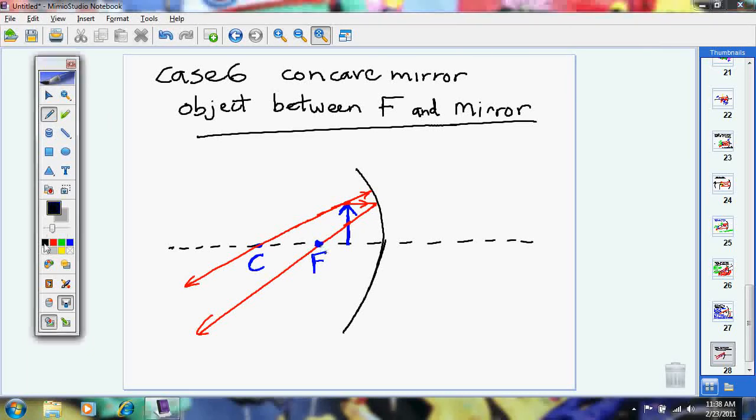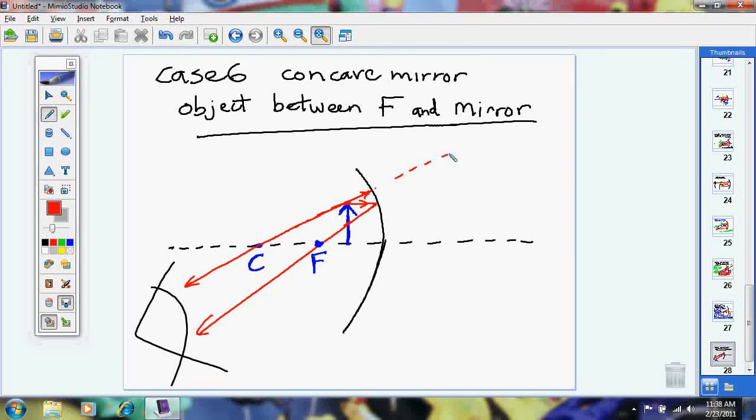So if I put my eyeball here and I caught those light rays, my eye would be totally faked out. Where would my eye think that those light rays came from? Well, I extend them backwards with dotted lines because there really is no light back there.